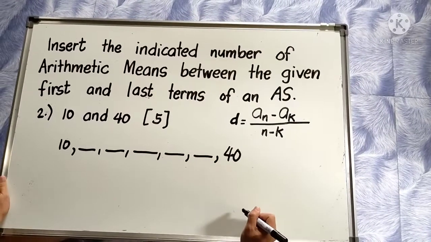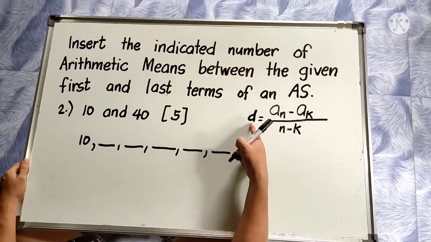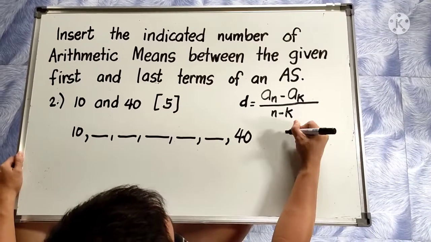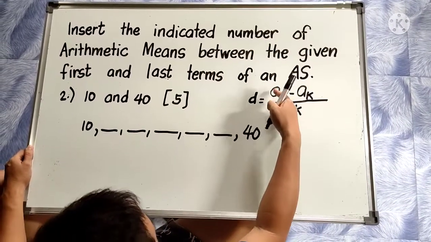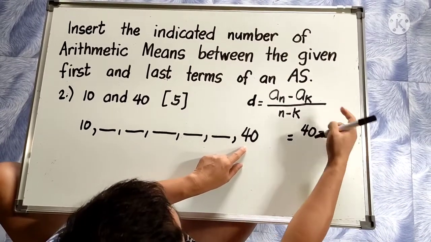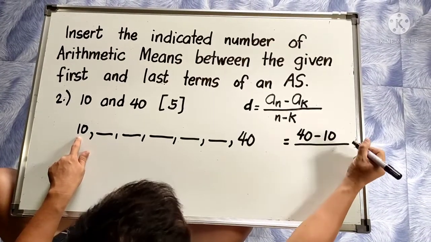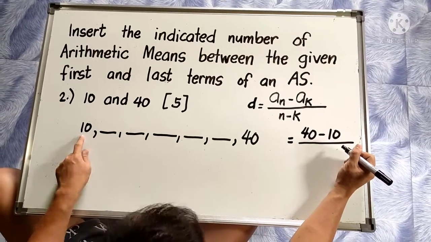To solve for the arithmetic means, you need to solve first the common difference D. For the common difference D, you will have last term, that is 40, minus A sub k, which is 10, over what term is 40?